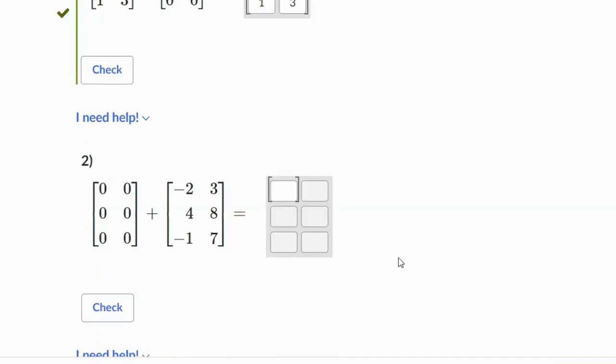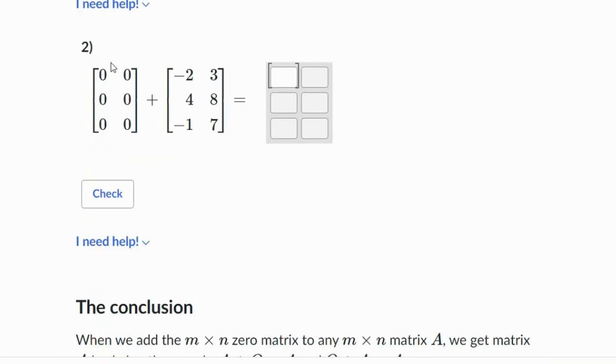Same thing here. We have a 3 by 2 zero matrix being added to a 3 by 2 matrix, and the matrix is just exactly the same as before because we added nothing to it.